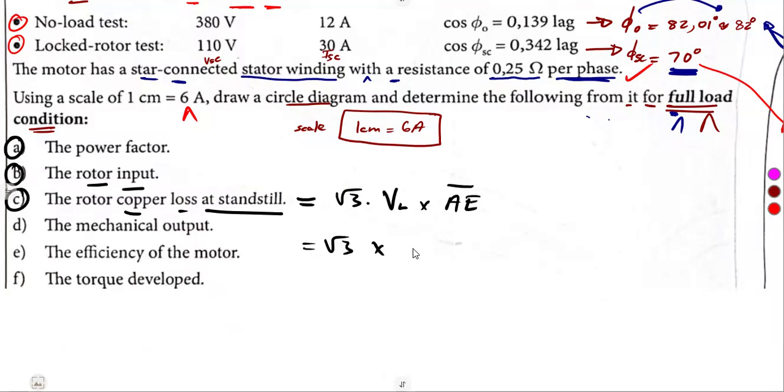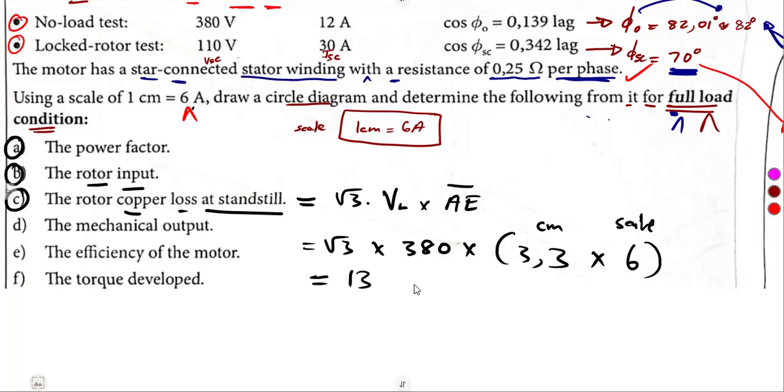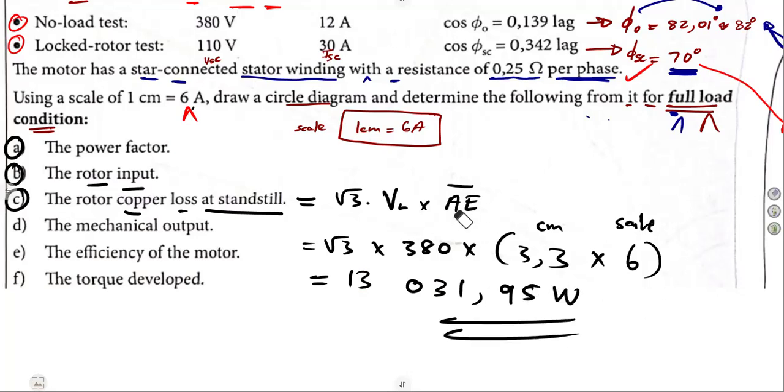Square root of 3 times 380 times our vector AE. You measure the length. That was approximately 3.3 centimeters. So we multiply by the scale, 1 centimeter to 6 amps. Just like that. So that was going to give us 13,031.95 watts. So that was our rotor copper loss at standstill.